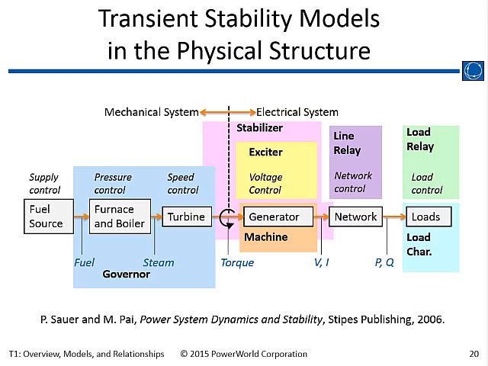Then the governor, which models the response of the turbine and the steam valves and, to some extent, the furnace and the boiler. And then a lot of generators, particularly in your neck of the woods, have a separate system called the stabilizer, which takes an input such as the voltage or the speed of the generator, modifies it, and changes the voltage input to the exciter.